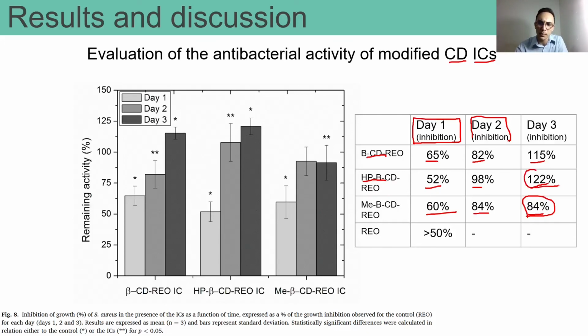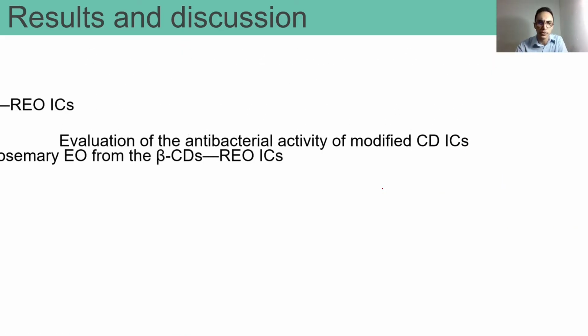The best result was 122% inhibition of Staphylococcus aureus on day three. So the best methods were these two: beta-cyclodextrin essential oil and hydroxypropyl-beta-cyclodextrin essential oil.